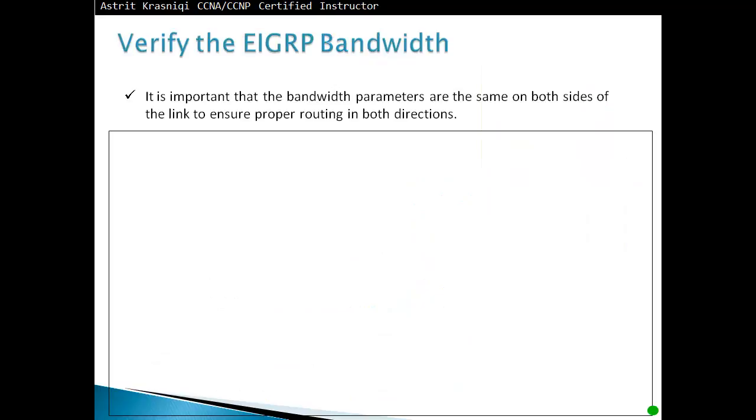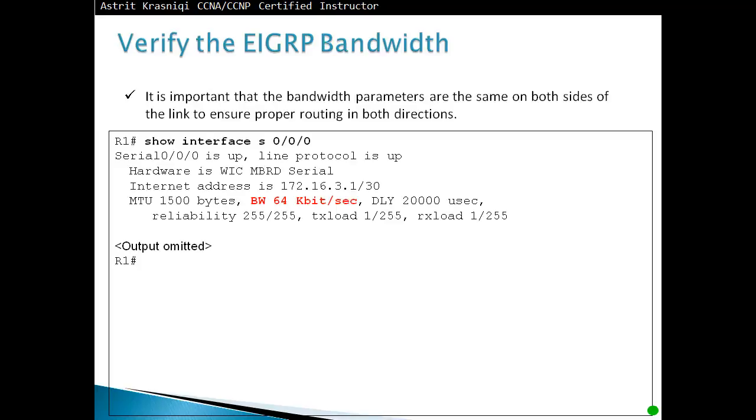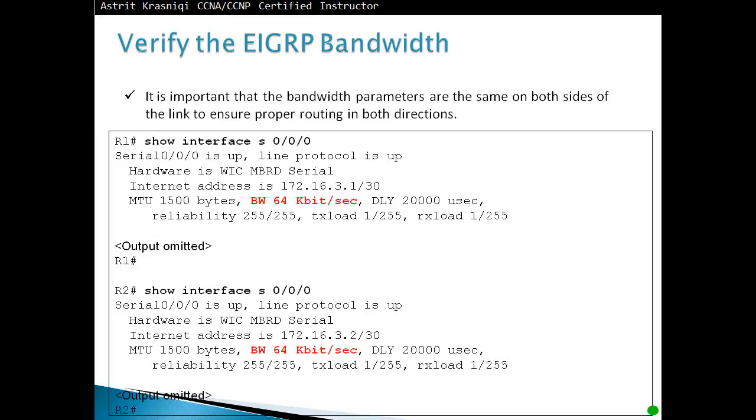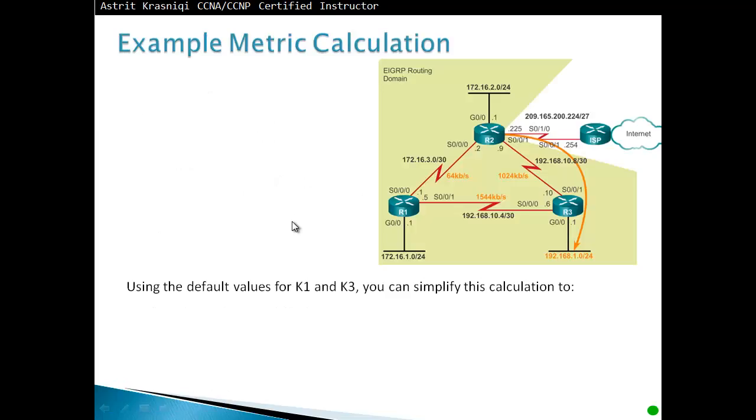When verifying the EIGRP bandwidth, it is important that the bandwidth parameters are the same on both sides of the link to ensure proper routing in both directions. That verifies that we have configured our bandwidth to 64 kilobits per second. Then we do the same for router 1 and router 2, making sure they have the same values.